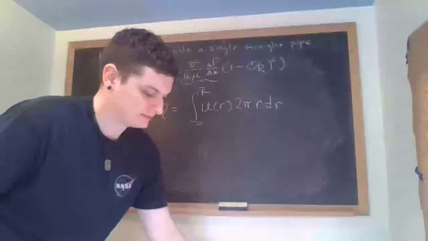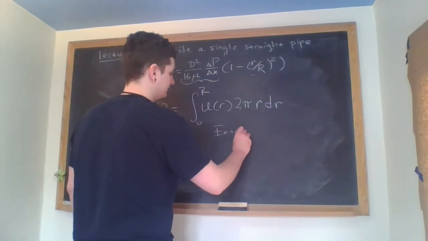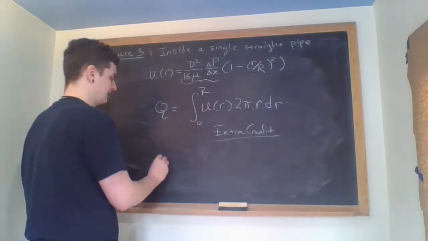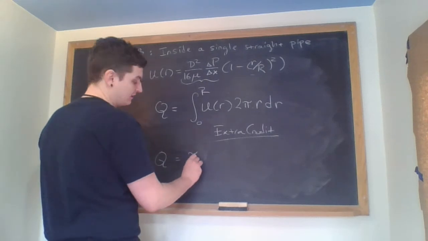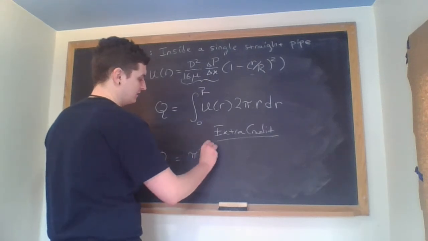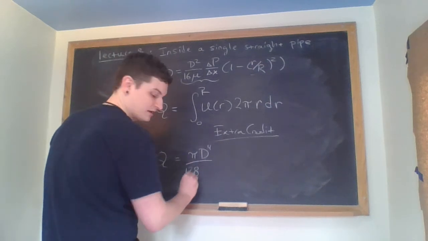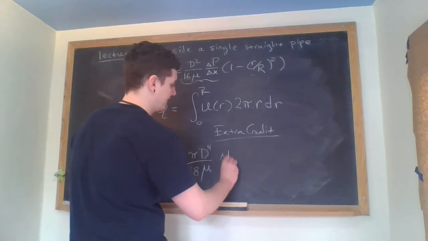And then if you do this integration, the steps are extra credit. We live in a world of Mathematica and a bunch of sources that can do this stuff for you. So you can do it that way, or you could do it by hand.